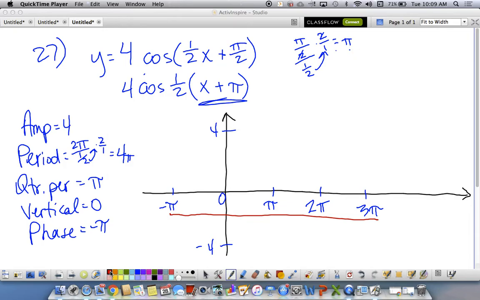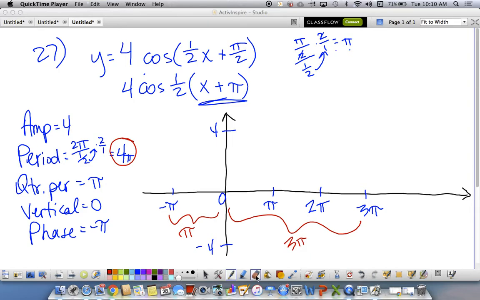How far is it from negative pi to 0? So this part right here, that's pi. This part right here is how much? 3 pi. So that's 4 pi. That gives us a period of 4 pi. From the very beginning to the very end, that's how we will determine what our period is.